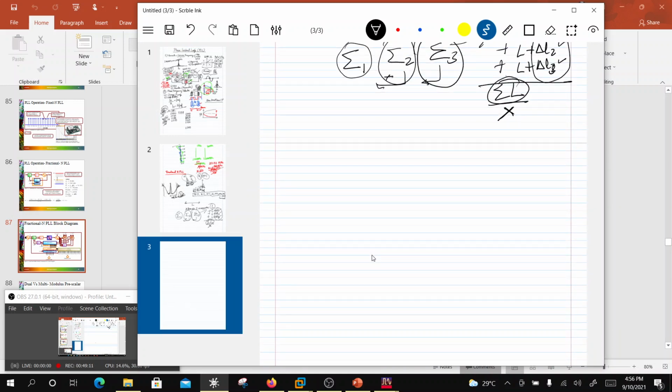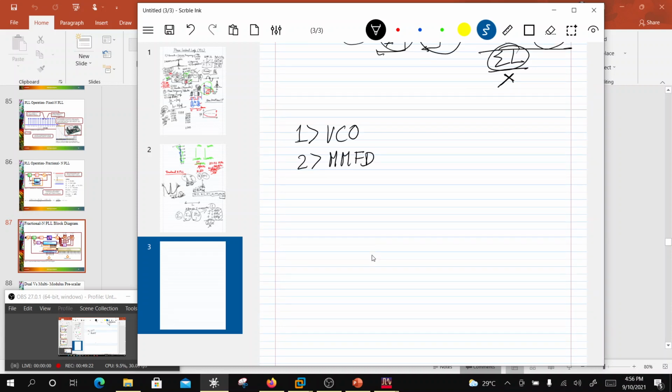So first of all, I am going to see a VCO. Second, I am going to see a multi-modulus frequency divider. Third thing I am going to see is a sigma delta modulator.